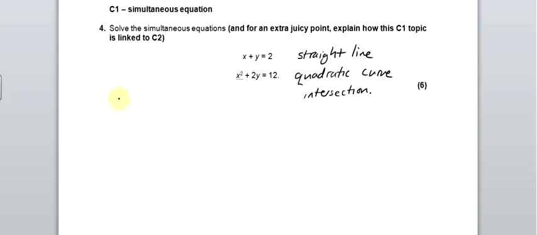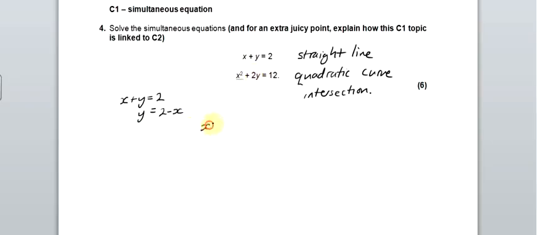So we start with the first equation, which is x plus y equals 2, and I'm going to rearrange it for y. So y equals 2 take away x, and I'm just going to stick it straight in there. So off we go.